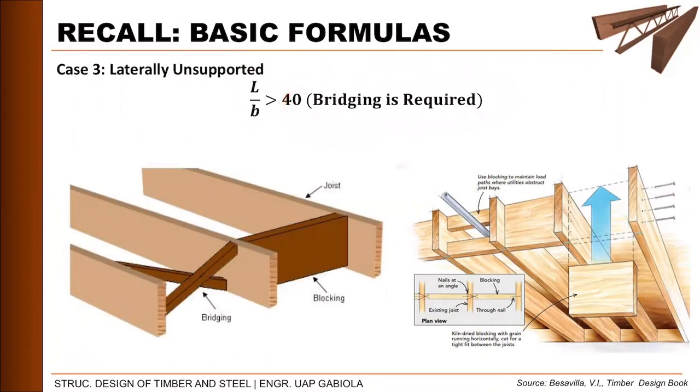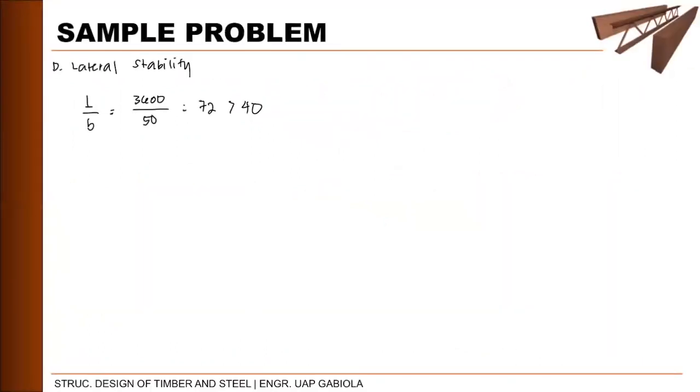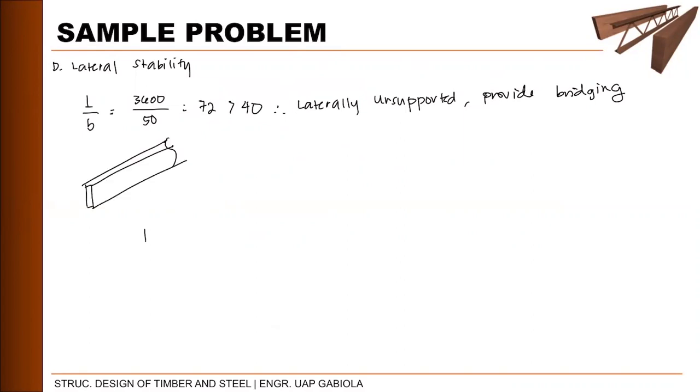Okay? So, let's go back dito. So, therefore, siya ay laterally unsupported. Okay? Provide bridging. Okay? So, anong nangyayari pag sa bridging, no? So, halimbawa, ito yung isometric ng ating joist, no? Okay?